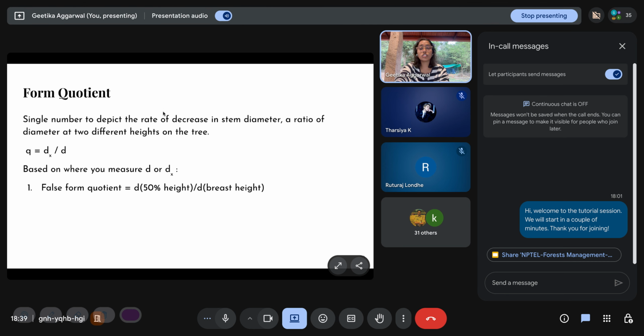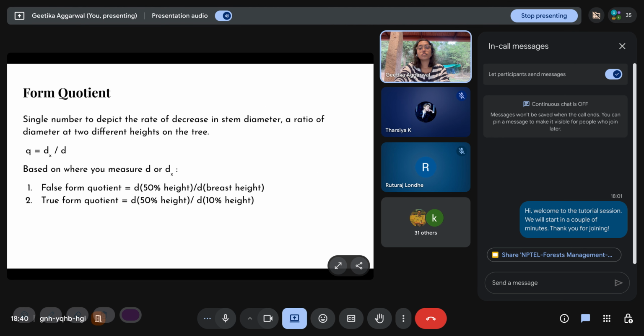There's the false form quotient, where you compare the diameter at 50% height of the tree, so if the tree is 20 meters, you're taking a height at 10 meters, and you take the ratio with the diameter at breast height. Then there is a true form quotient, where you compare the diameter at 50% height of the tree to the diameter at 10% height of the tree.